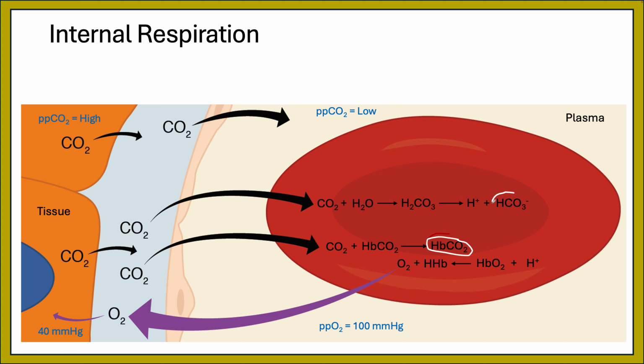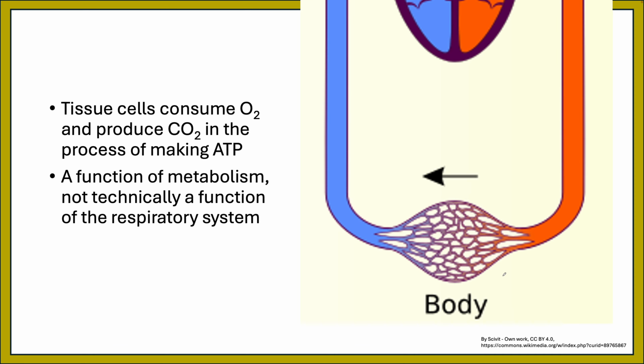You have some of it reacting with the help of carbonic anhydrase to form bicarbonate ion, and then finally some of it is going to just be dissolved in the blood as CO2. Oxygen, on the other hand, is going to be moving from the blood to the tissues as it unbinds from the hemoglobin.